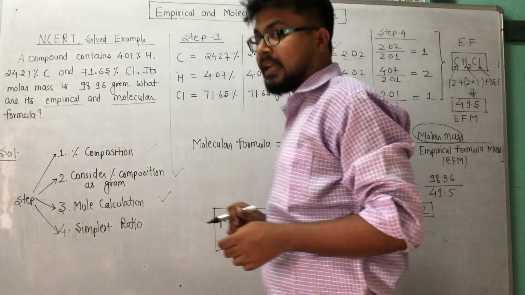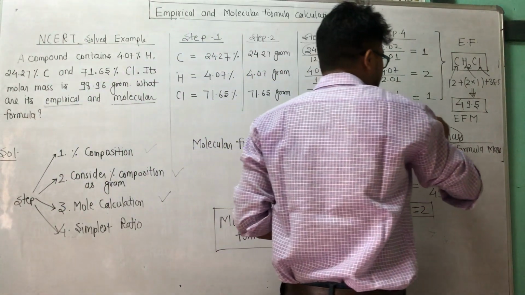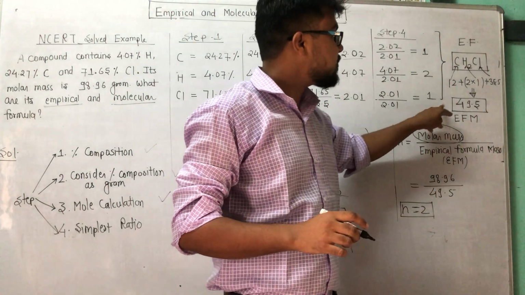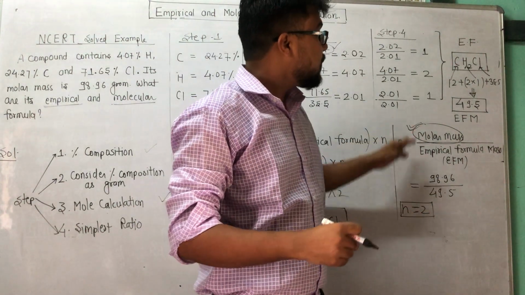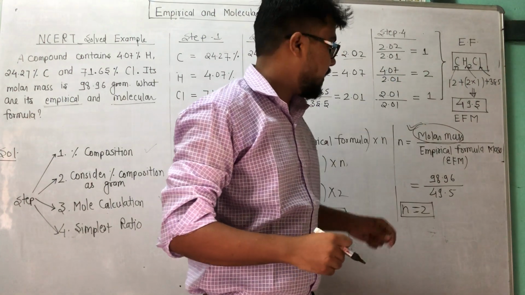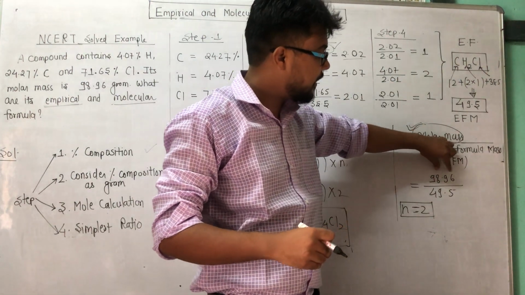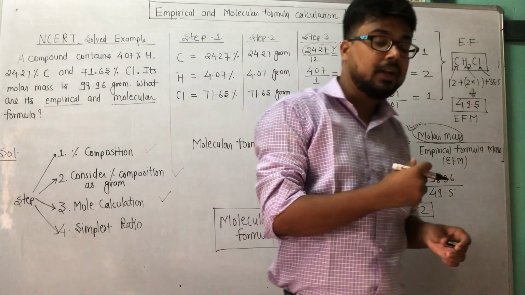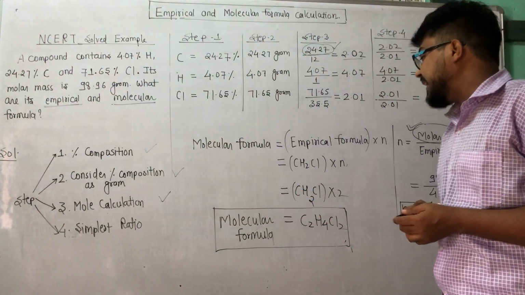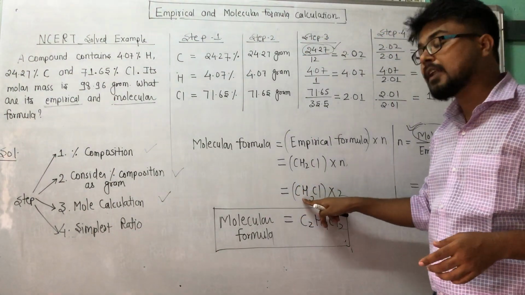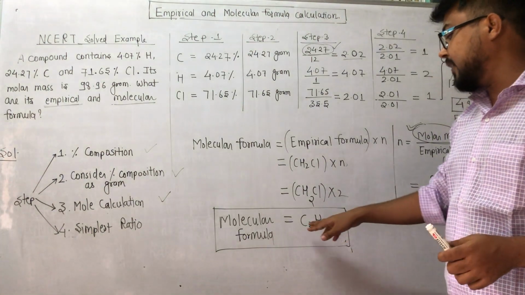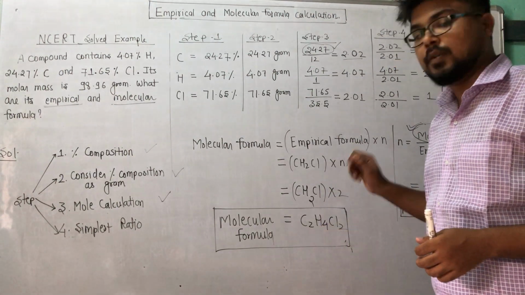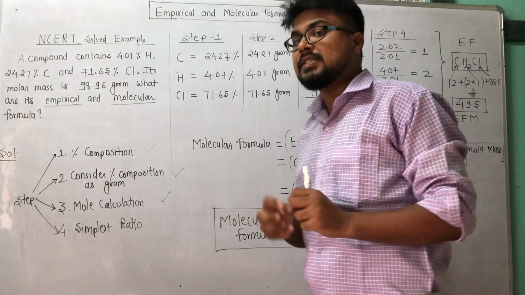It is already given in the problem, and it will be divided by the empirical formula mass, that is 49.5. So here it is 98.96 divided by 49.5, and the value of N is just around 2. It will be 2. So further I will multiply this N, that is 2, with the empirical formula. I will get the molecular formula, and the final value of the molecular formula is C2H4Cl2, and the empirical formula is CH2Cl.